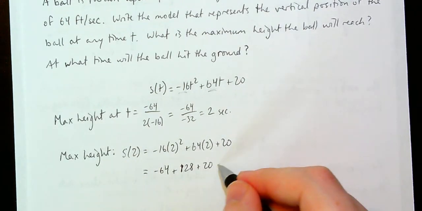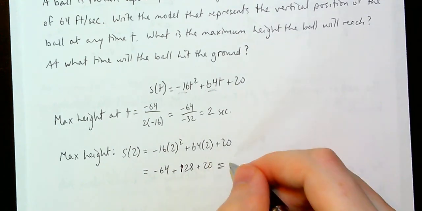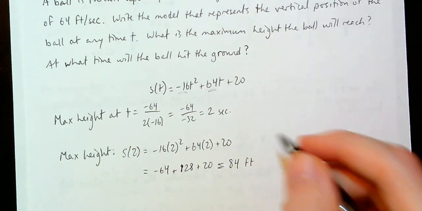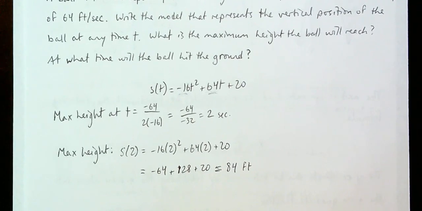And when I add or subtract these numbers up, I get a positive 84. So this is the maximum height that this ball will reach. It's going to reach a max height of 84 feet.